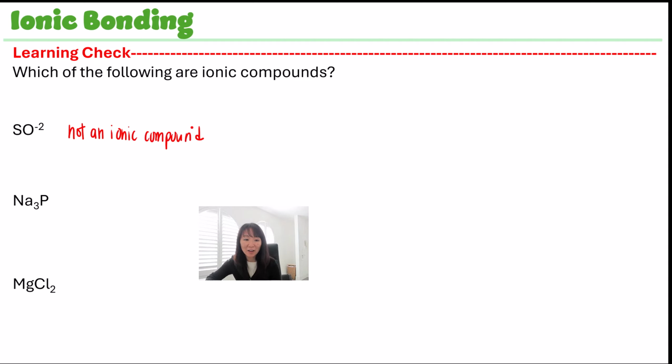Not an ionic compound. Second one, sodium is a metal, phosphorus is a non-metal. So this is. And lastly, this is also an ionic compound.